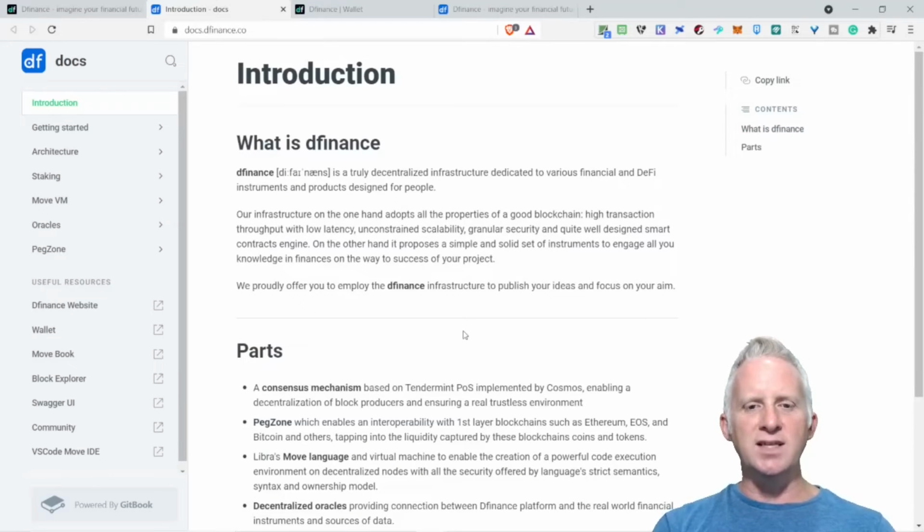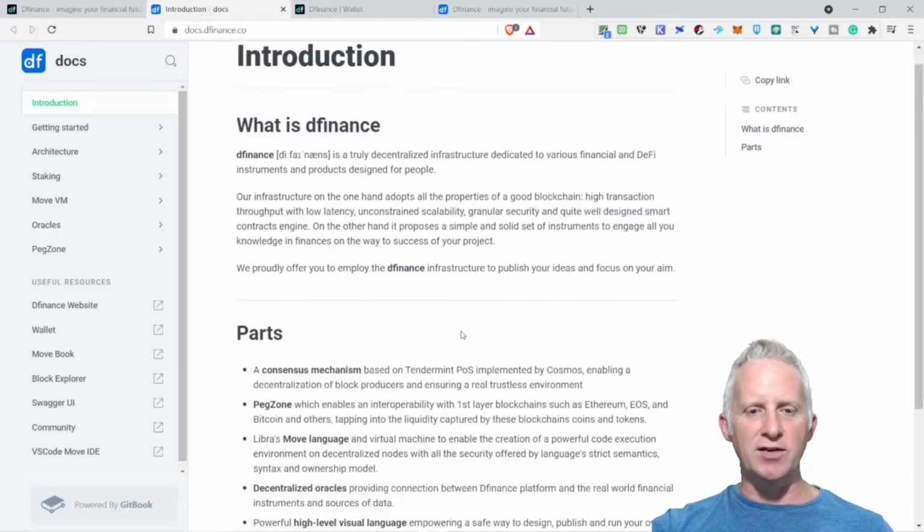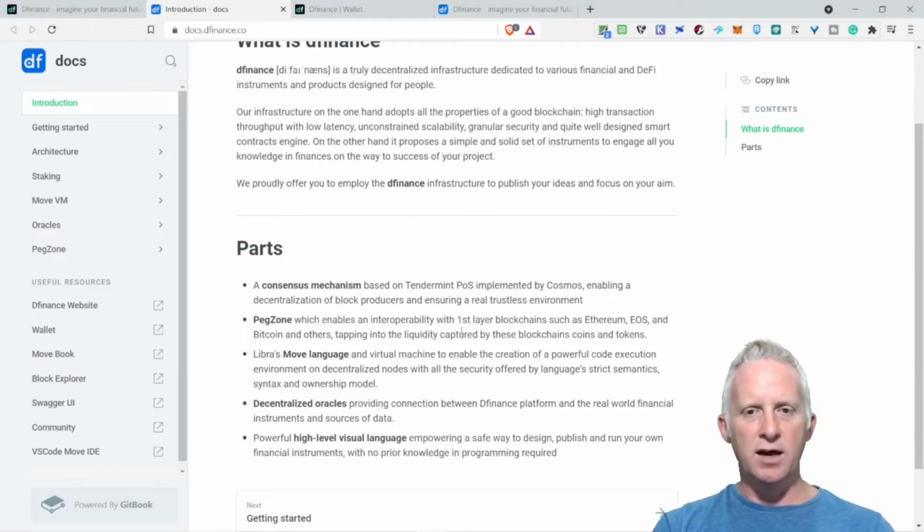Dfinance is a truly decentralized infrastructure dedicated to various financial and DeFi instruments and products designed for people. Our infrastructure, on the one hand, adopts all the properties of a good blockchain: high transaction throughput with low latency, unconstrained scalability, granular security, and a quite well-designed smart contract engine.